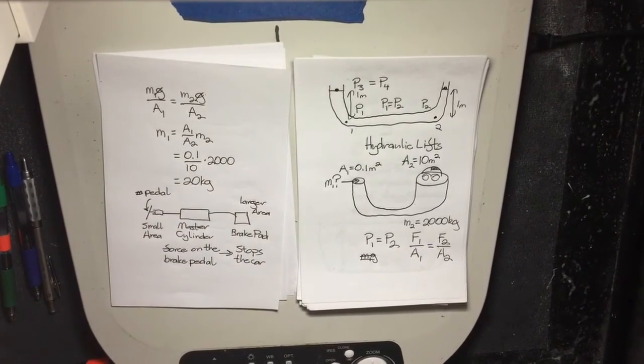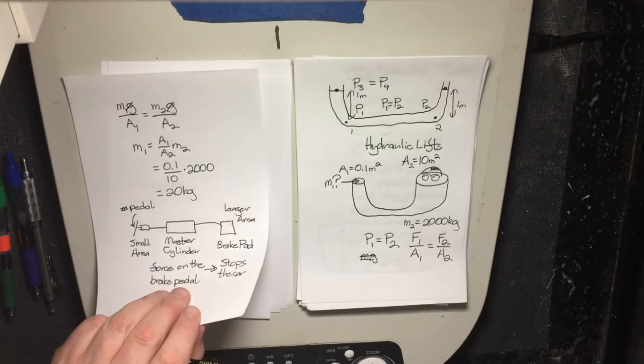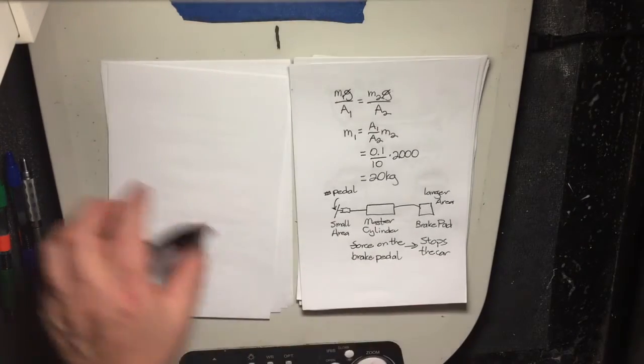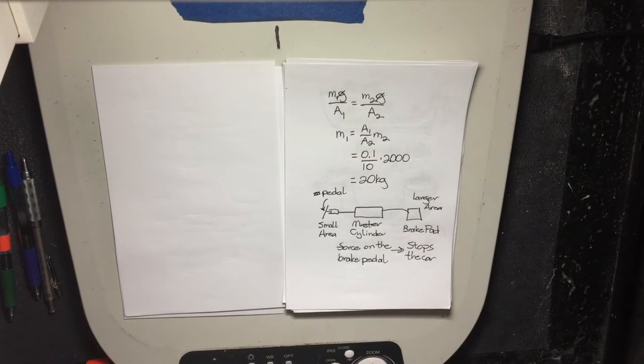A small force on that pedal causes the brake pads to clamp down on the rotor with a much larger force, and so the brakes can actually cause the car to stop. So with all this stuff, there are many things in our world where we look at it and it's physics.